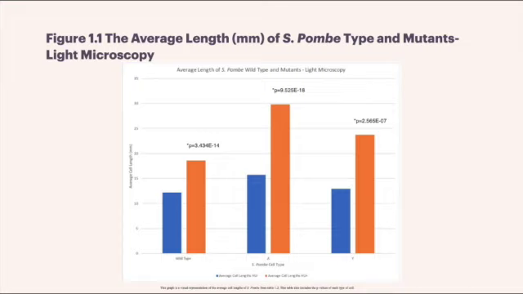And in the last mutant, you can see that although the average cell lengths are smaller than the first mutant, there is still a large difference between the two averages. The blue indicates the average cell lengths for the HU minus, and the orange represents the average cell lengths for the HU plus.